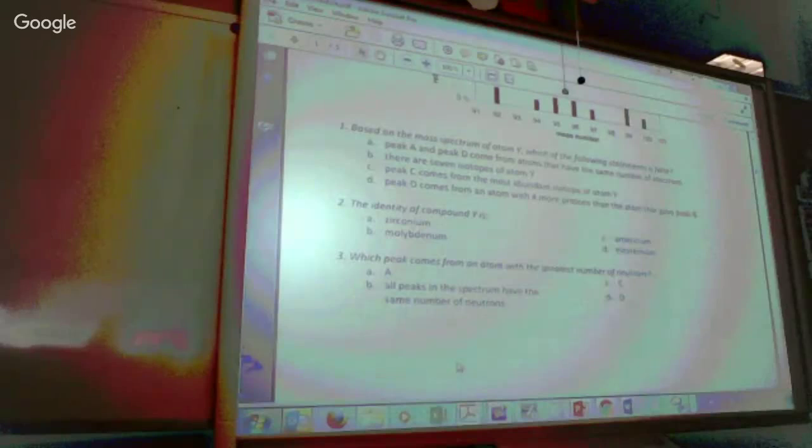Molybdenum, which I cannot say very well, has a mass of 96. And then americium. Oh, I always thought that was America. Well, it is America, and its proton number is 95, but its mass is 243. And then einsteinium is 252.